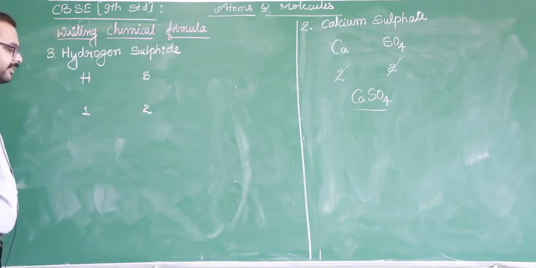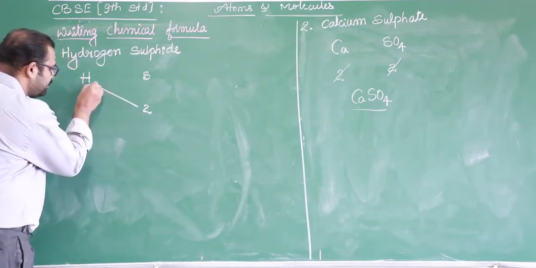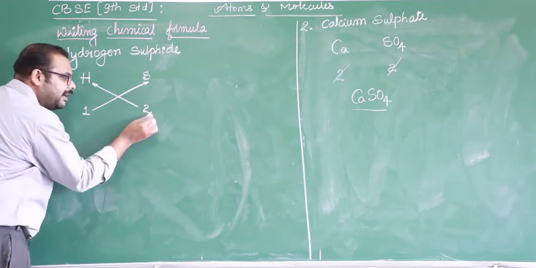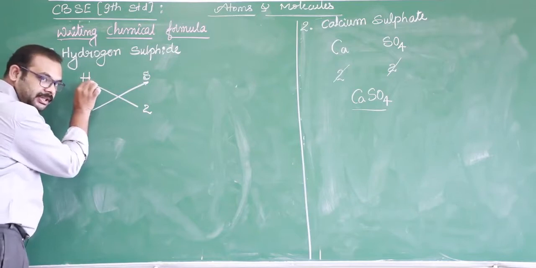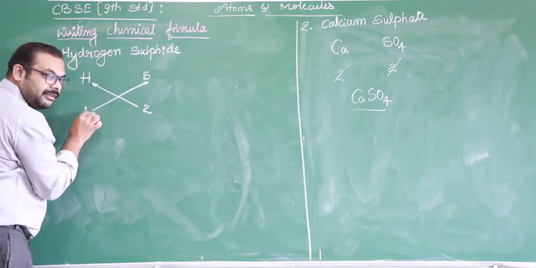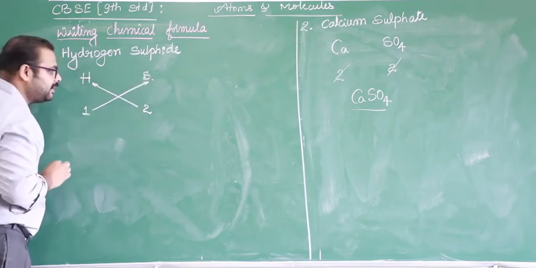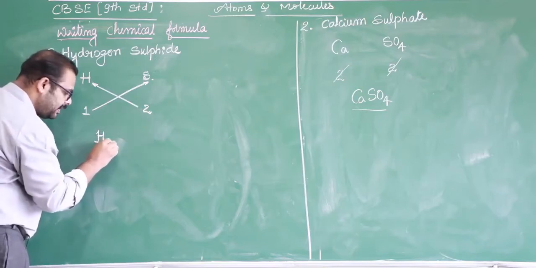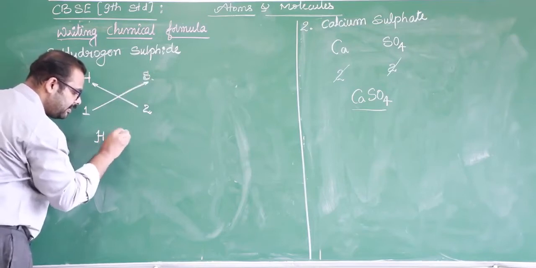In this case we have to cross their valencies. We have to cross the respective valencies: the valency of sulfur goes at the base of hydrogen, at the right lower corner of hydrogen, and the valency of hydrogen goes to the right lower corner of sulfur. So hydrogen gets 2, and sulfur gets 1.